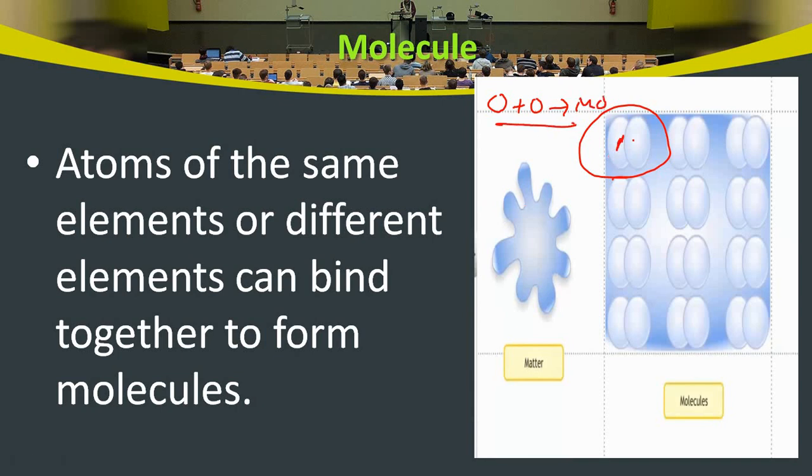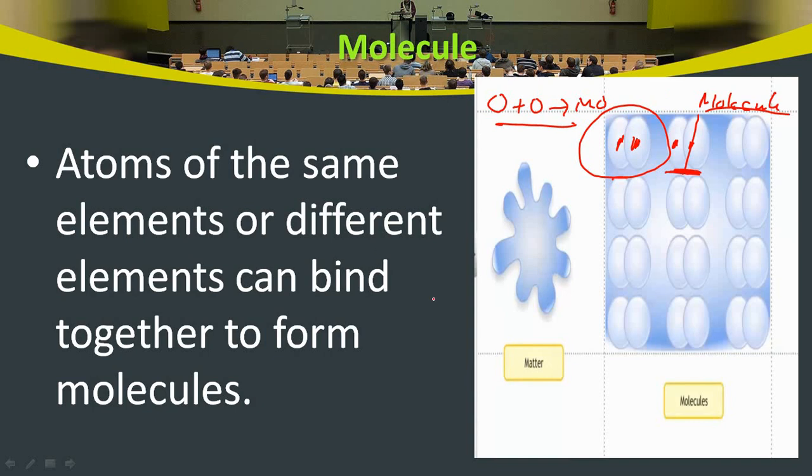One atom is this and another is this. When they combine together, they form molecules. I think you are getting what I want to convey. Atoms of the same element or of different elements can bind together to form molecules. So when two atoms join together, they form a molecule.